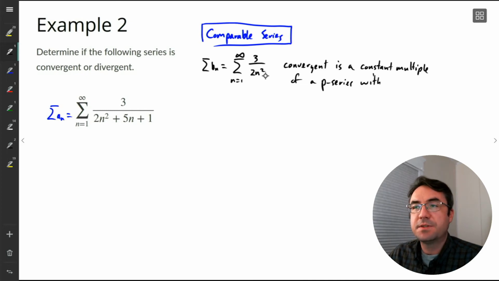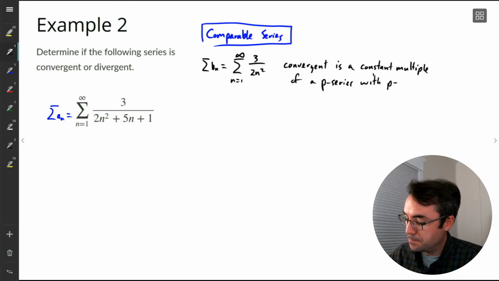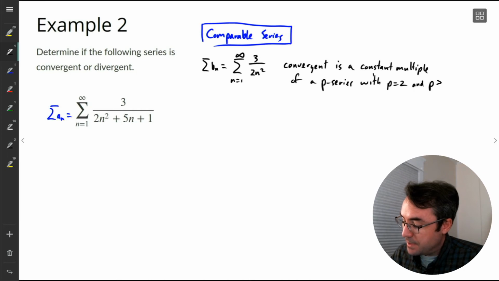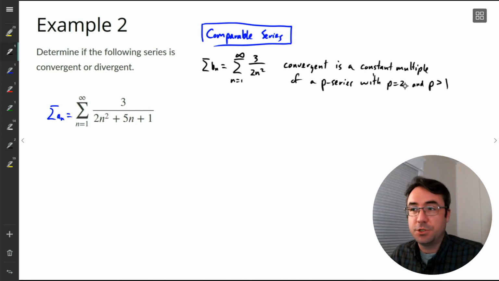Well, the p-value is that power. So it's power 2. It's p equals 2. And for a p-series to be convergent, what does the p-value need? The p-value needs to be greater than 1, which 2 is. So we can see this is convergent because it's a constant multiple of a p-series with p equal to 2.